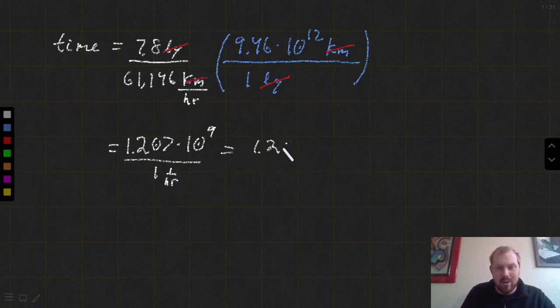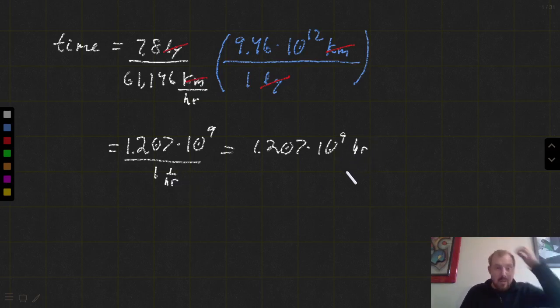Let me write that a little bit cleaner: 1.207 times 10 to the 9th, 1 over hour. The 1 over hour can be flipped into the numerator. So now we have it's going to take Voyager 1 about 1 billion hours to get to that distant star.